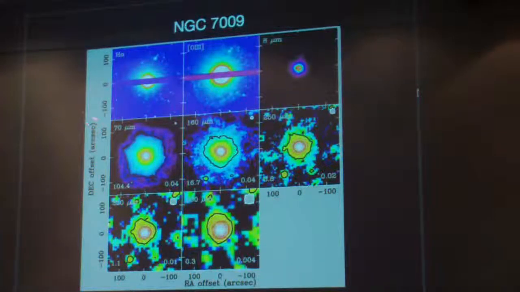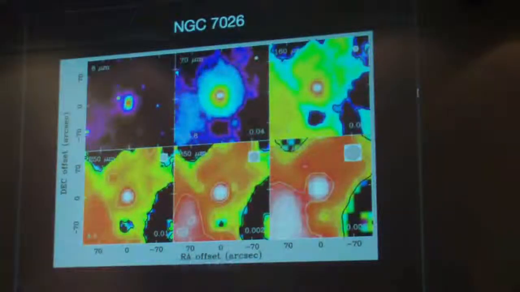We pick it up again in the far infrared at longer wavelengths. Usually, out of our 11 targets, we clearly see those extended halos in 9 out of 11, in narrow bands, mid-infrared and far infrared, except for 2 objects in our sample, NGC 7009 and also NGC 7026.